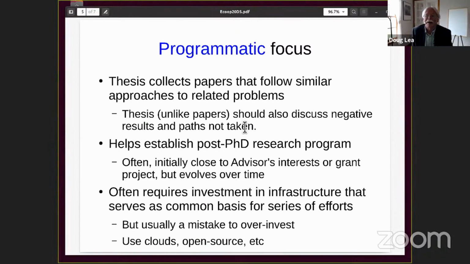The main issues are if you're like a normal person, initially you're working really close with your advisor, and then you find out that you're not your advisor, and you actually don't have exactly the same interests, and you evolve into something further. And your advisor really ought to encourage that because it's just good for you and good for them.